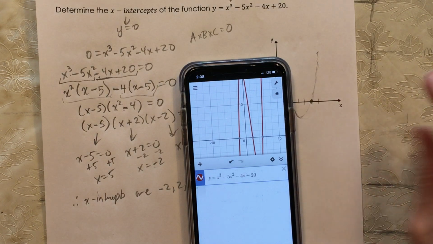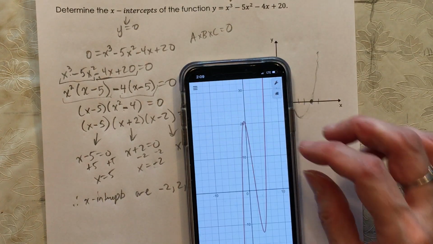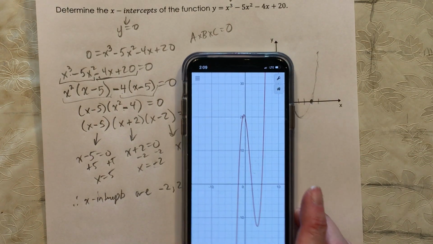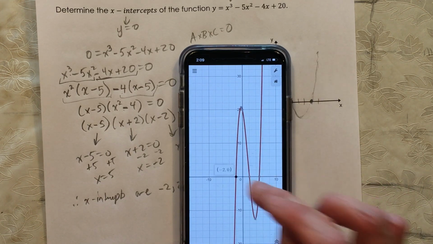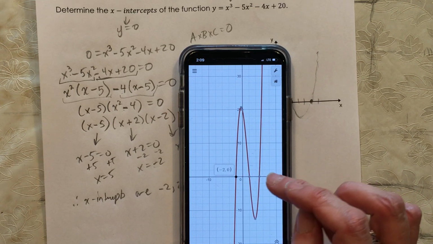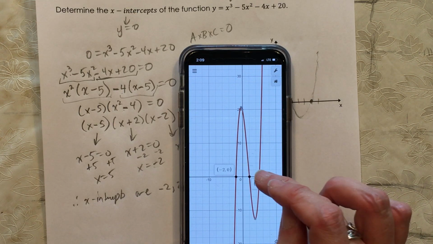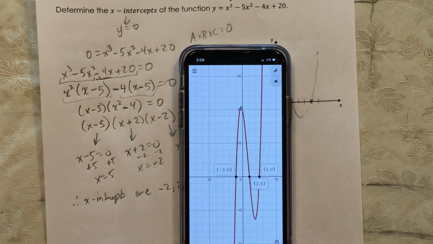And we can see how that looks. And we can look at our intercepts. Negative 2, 0, which we found, 2, 0, and 5, 0.